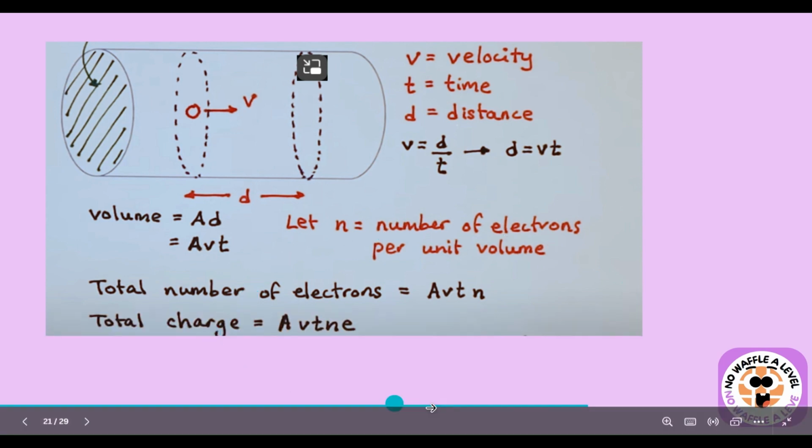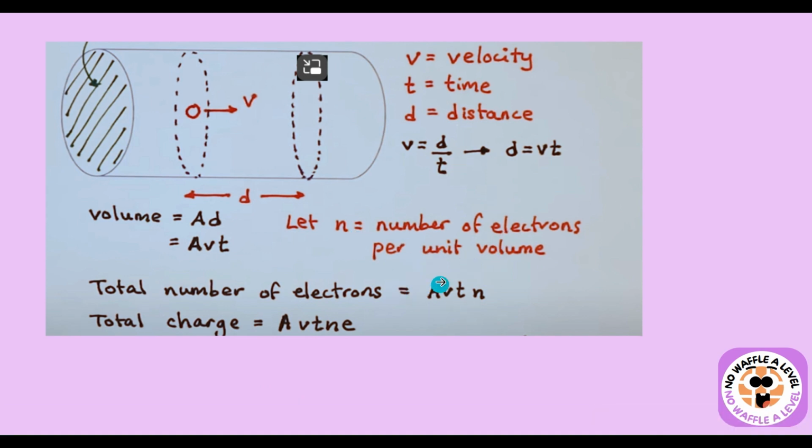The total charge would therefore be the number of electrons multiplied by the charge on a single electron, which is denoted by this letter e. And the charge on a single electron, you should know this from a previous video I did, is minus 1.6 times 10 to the power of minus 19 coulombs.